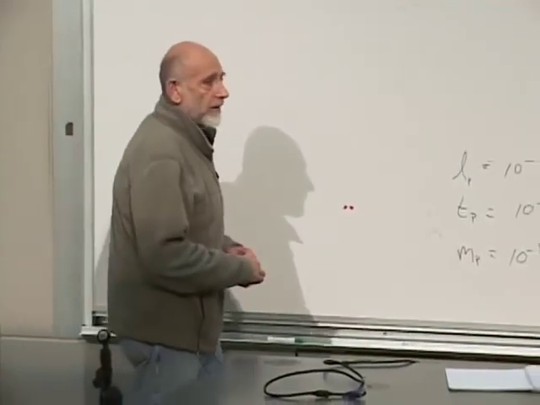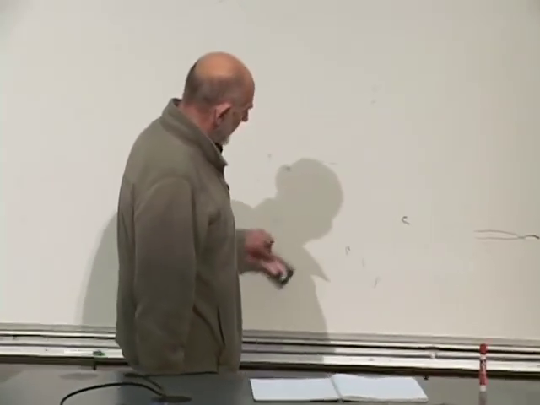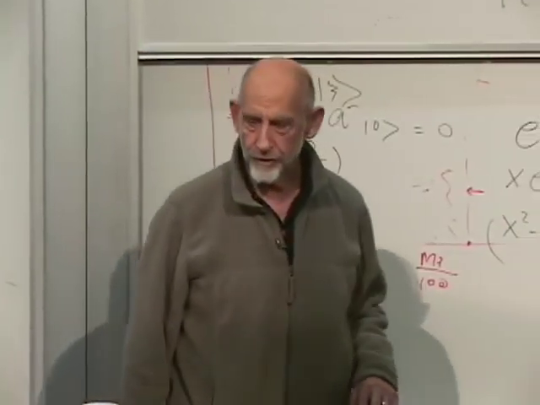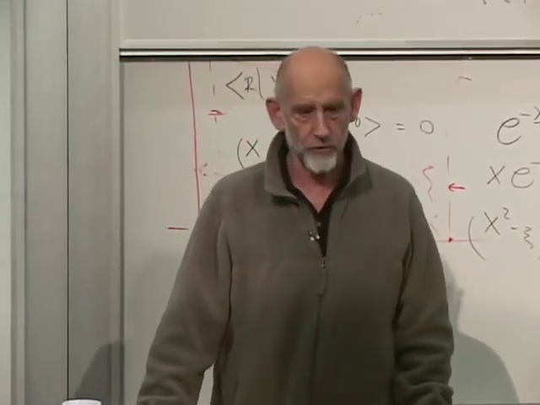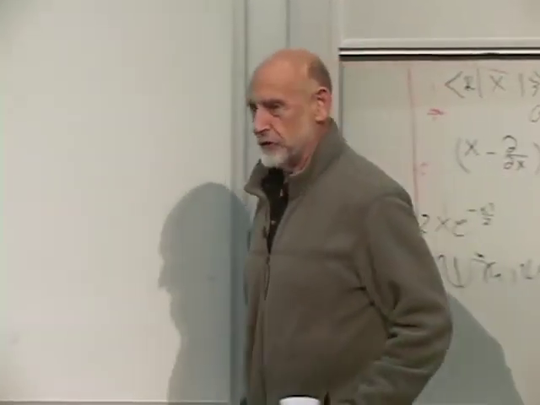Okay, we have 45 minutes, and I will try in 45 minutes to give you the easy version of why there have to be 26 dimensions in bosonic string theory. The easy version is not easy, and it doesn't really get to the root of it.